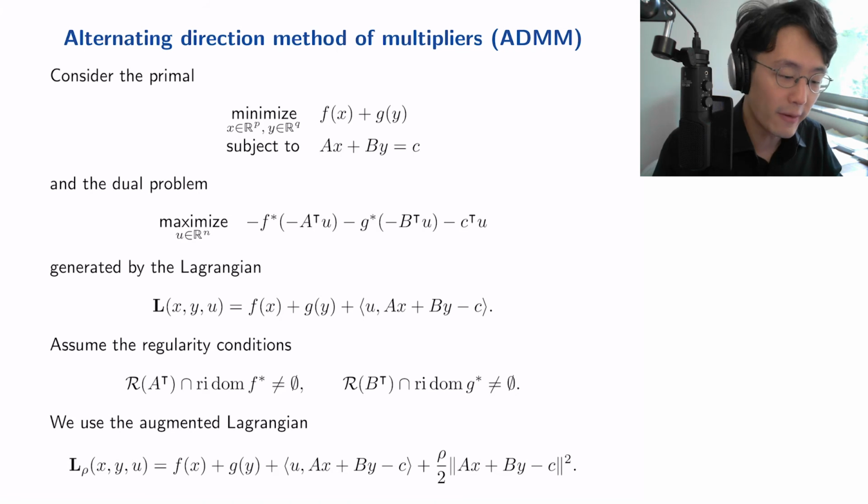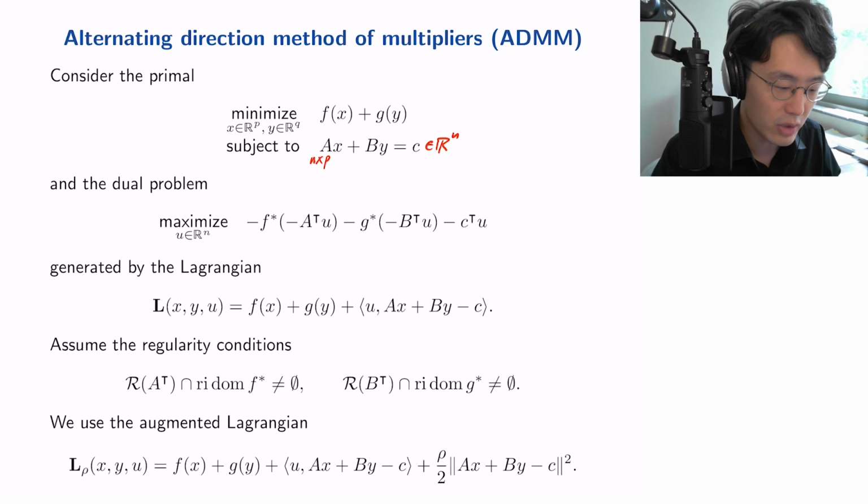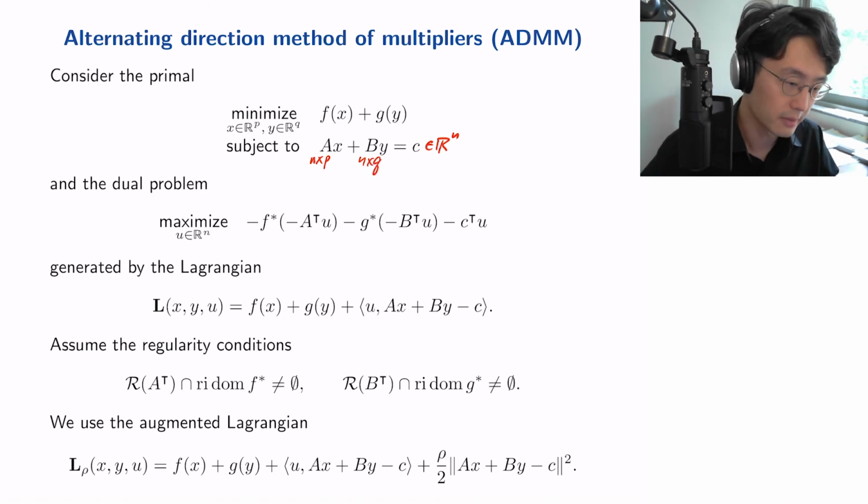The x variable and the y variable are coupled through this linear equality constraint. The equality constraint reads a of x plus b of y is equal to c. To clarify, the c vector is of length n, so the matrix A is an n by p matrix, and the B matrix is an n by q sized matrix.